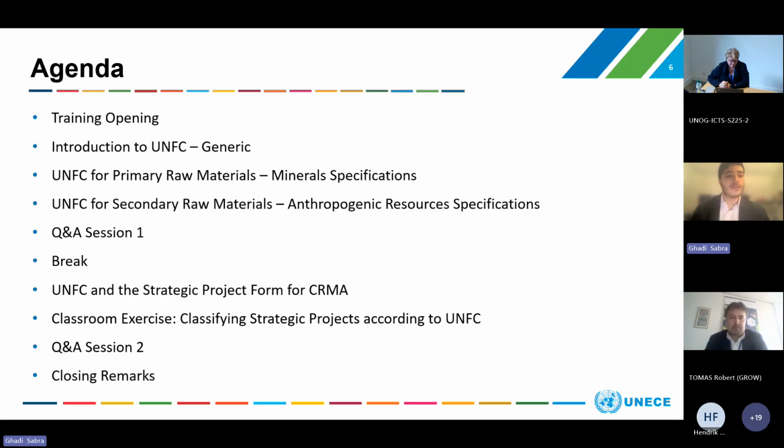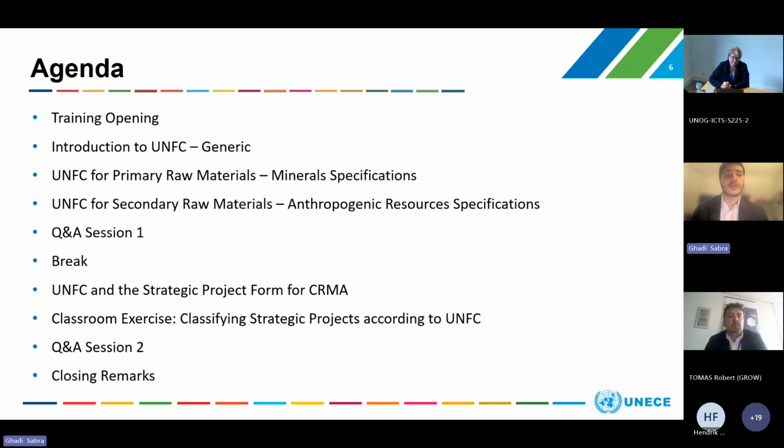So the program of this training will start with an introduction to UNFC 2019, or the general UNFC, followed by contextualizing it with more specifications on primary raw materials, the mineral specifications, and the anthropogenic resources, the secondary raw materials, followed by a quick Q&A session, 10 minutes intermission.